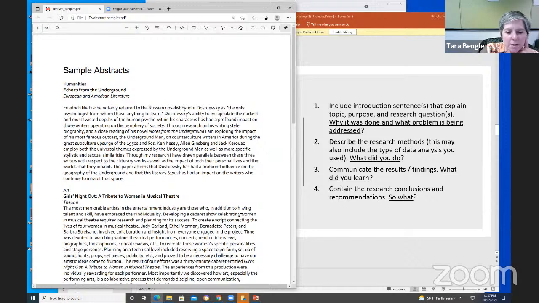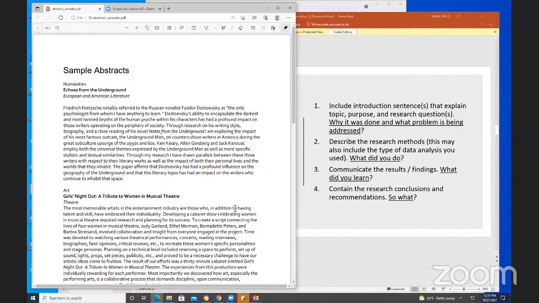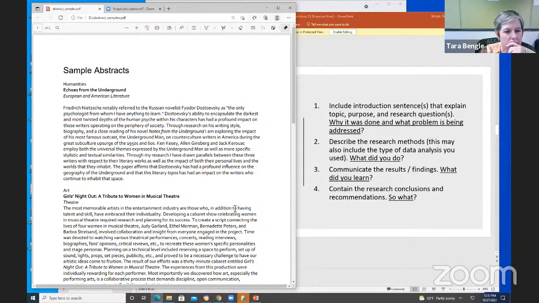Yeah. All right. So then what were the results? What did the researcher learn? That basically the stylistic and textual methods had some similarities. Yep.